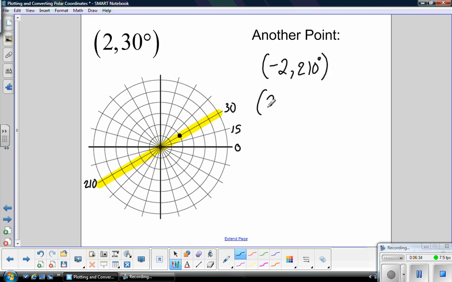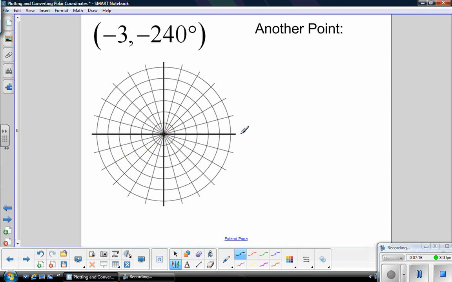I can also have 2 being positive, the radius being positive, and rotate a negative 330 degrees, because 330 is coterminal with 30. I can also have a negative 2 if I rotate to the negative angle of negative 150. So I have a negative angle that I rotate to, but then I don't go towards where that terminal side is. I go away from the terminal side.